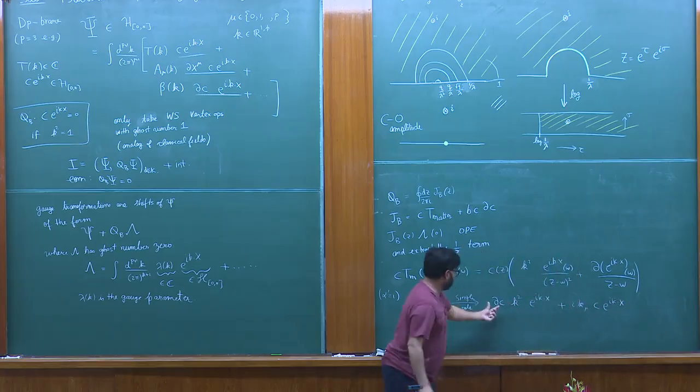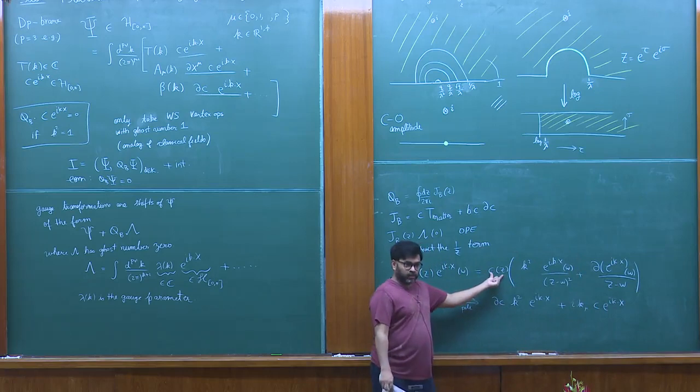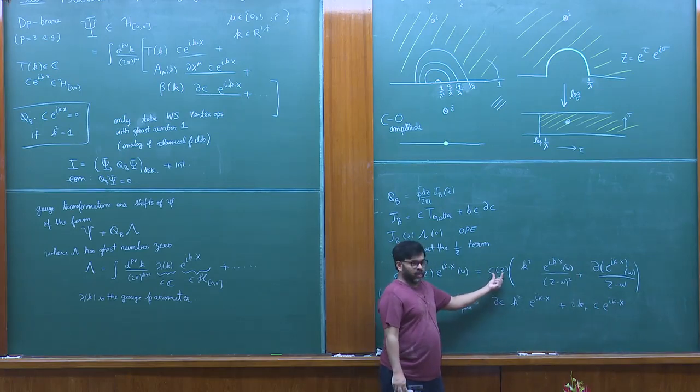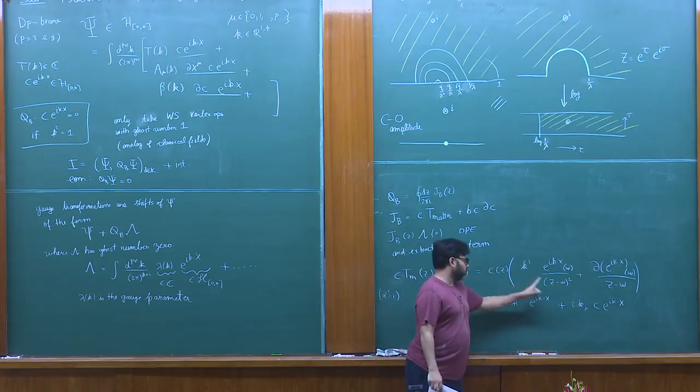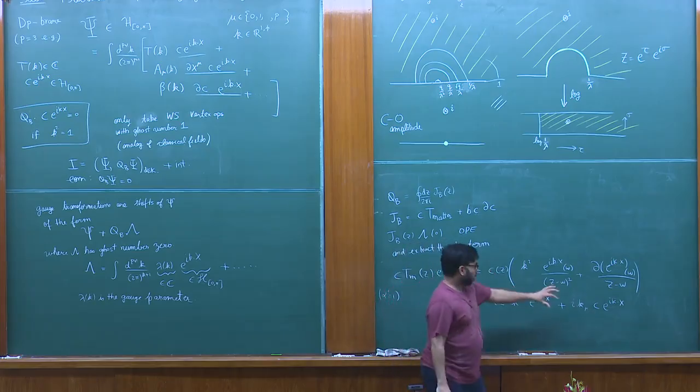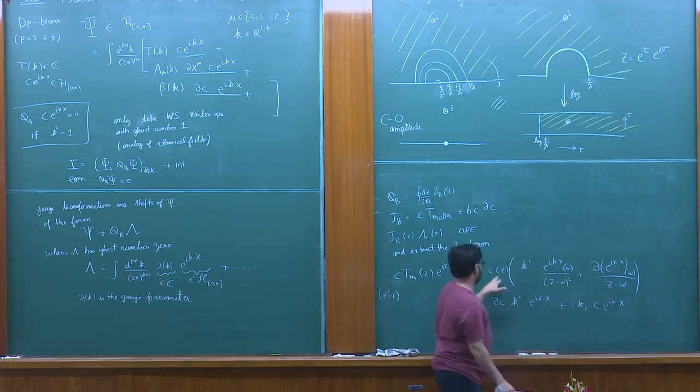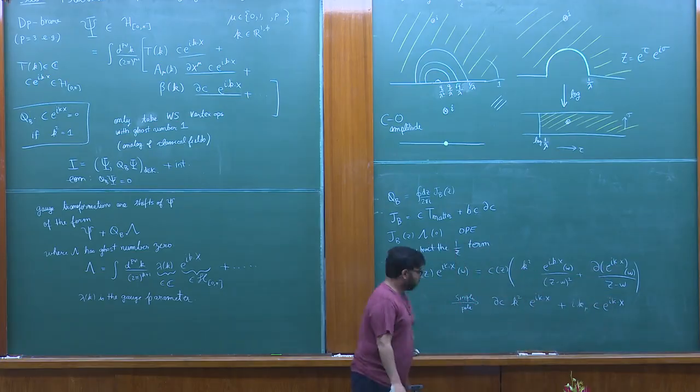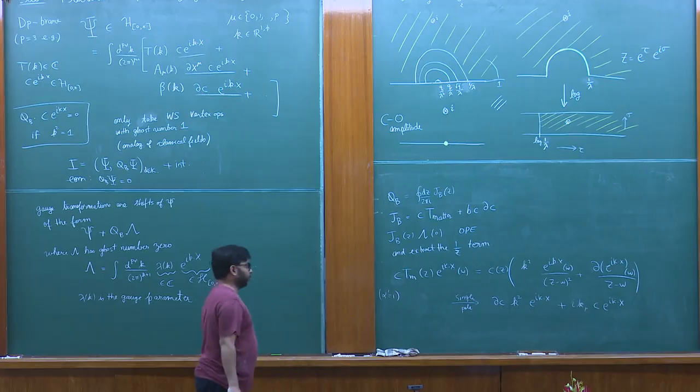Right? This partial c came because you Taylor expand this. There's a term that's z minus w times partial c. One power of z minus w cancels one power, then you get this guy. And for this guy, you just take the derivative and c of z is c of w. Okay. So that's the residue of the single pole.